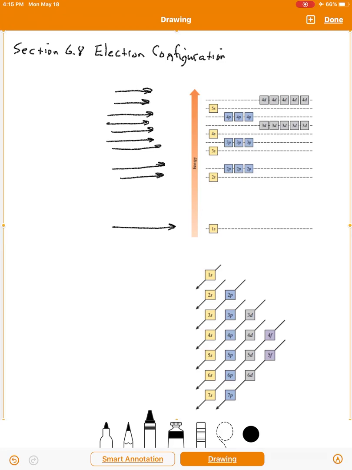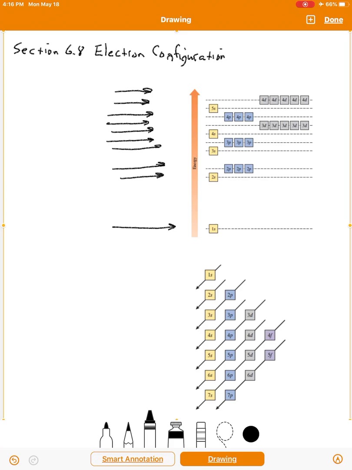If you recall, in the previous section, section 6.7, the only thing that mattered in terms of the energy of these orbitals was the value of n, the principal quantum number. Well, it turns out that if you have more than one electron, that rule goes out the window. It's just not true anymore.